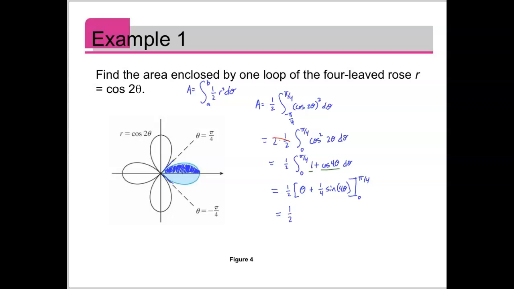All right, plugging that in, I get pi over 4 plus 1/4 times sine 4 times pi over 4, which is just going to be sine of pi, and then minus 0 plus 1/4 sine of 0.